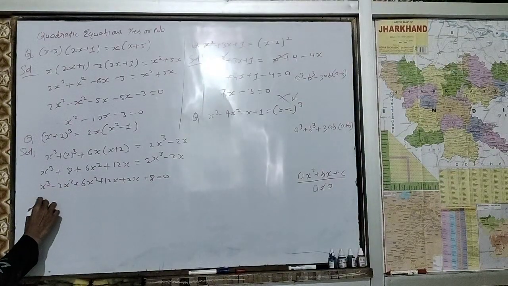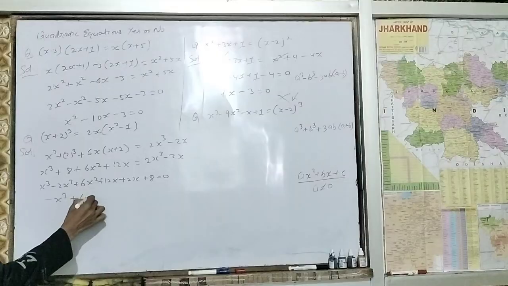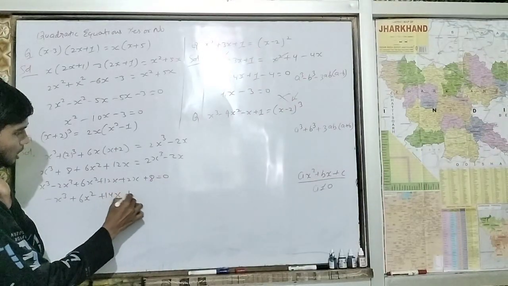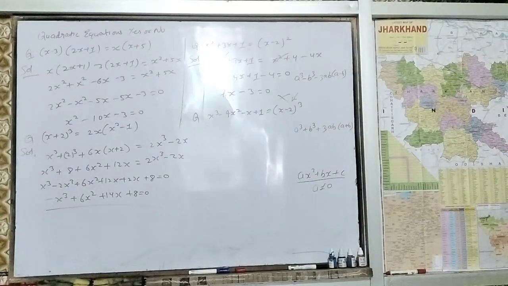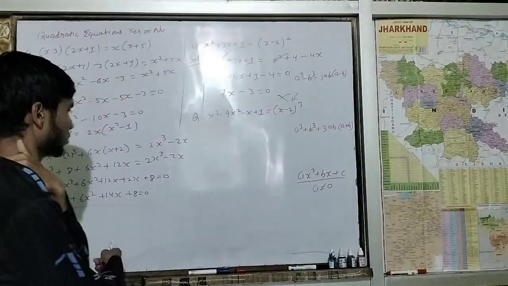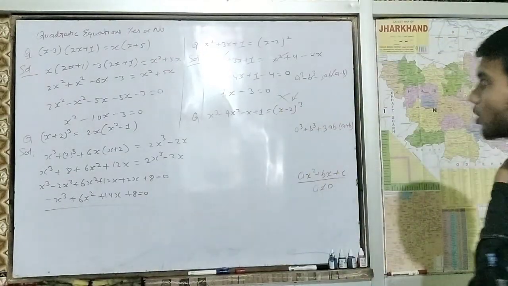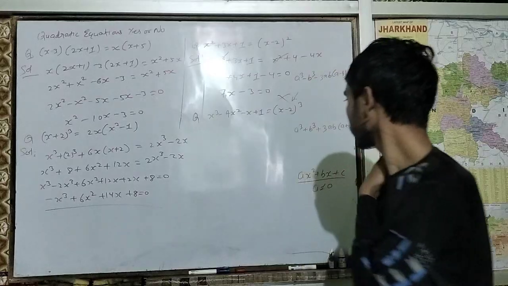This is becoming minus x cube and this 6x square, and it is giving us plus 14x, and then 8 is equal to 0. Here you can see the highest exponent is 3. That's why this is not a quadratic equation. It is a cubic equation. This is a cubic equation.